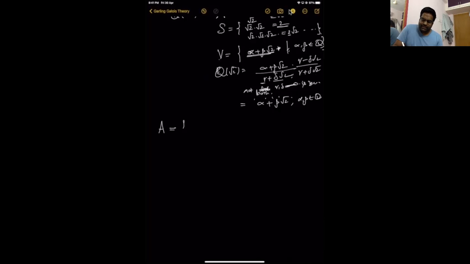And when you have finitely many elements, alpha 1, alpha 2, up to alpha n, instead of writing K of A, you simply write it as K of alpha 1, alpha 2, up to alpha n.